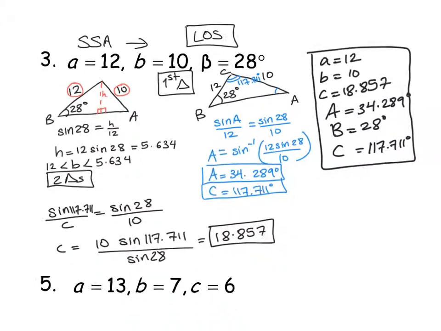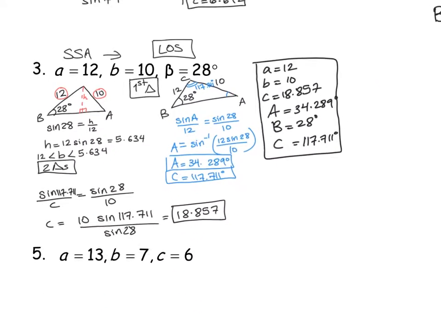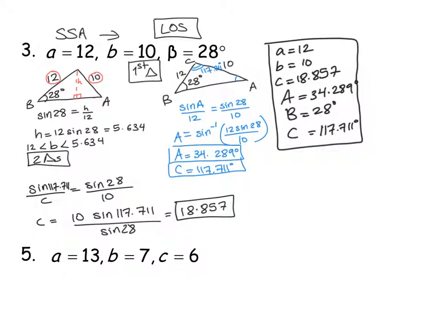Now, remember, we just found one of the triangles. I do have another triangle. It's the obtuse one. So that's going to be this triangle over here. So that's going to be B, A prime, C prime. So the previous A was 34.289.